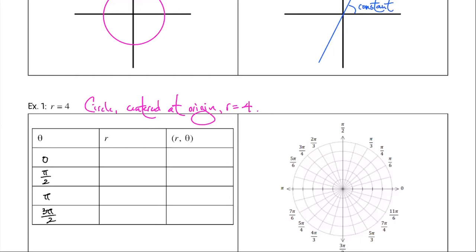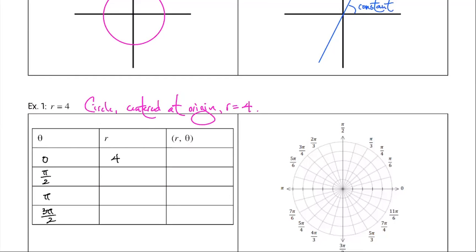Now, at 0, what is the radius, or what is r, according to the equation? It's 4, right? It says r equals 4. So at 0 for theta, r equals 4.